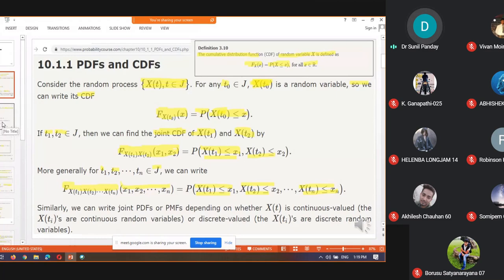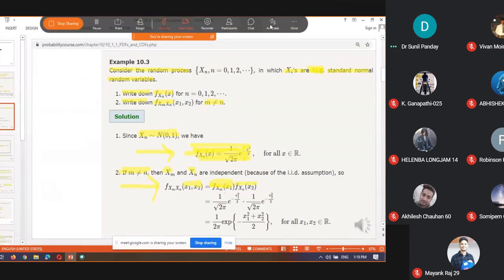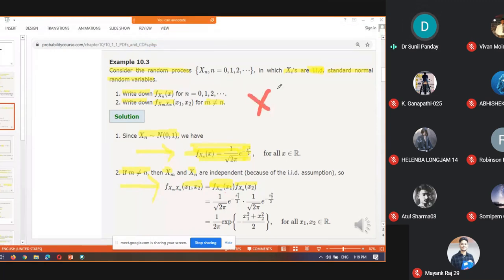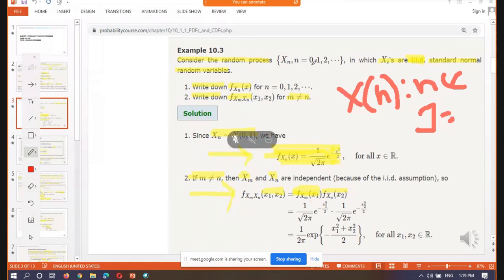But specifically, if you want to write for a discrete time random process, we write Xn. So here if I write Xn, my meaning is that Xn such that this n belongs to the set J, and J is 0, 1, 2 up to infinity.